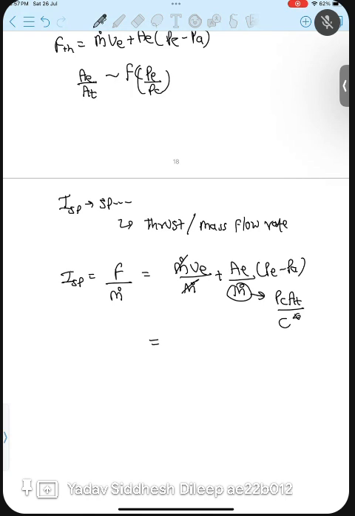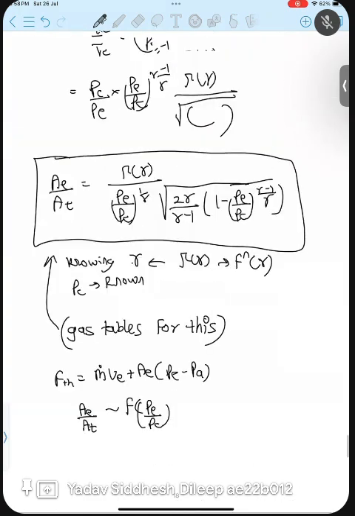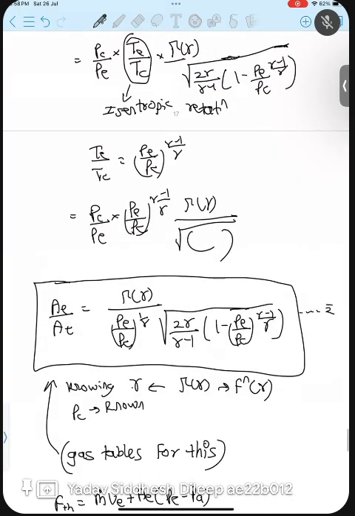So ISP equals u exit plus A by At into C star into (PE by PC minus PA by PC). I can write this in the simplified form. Now I will write this as equation 2.